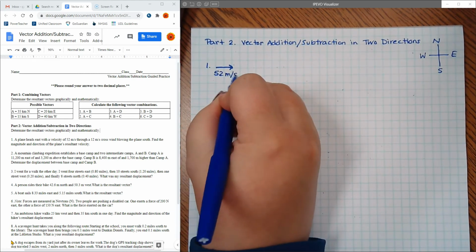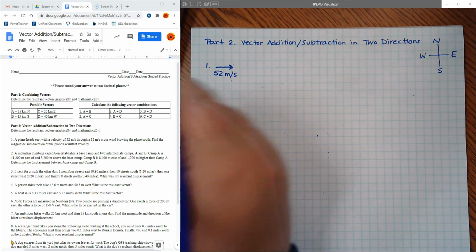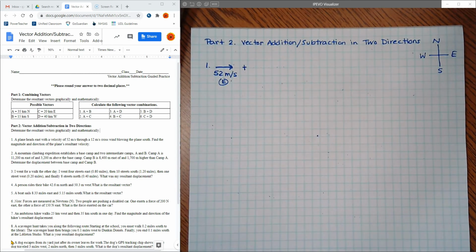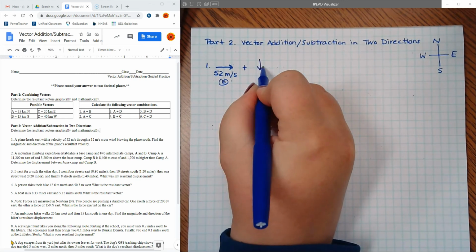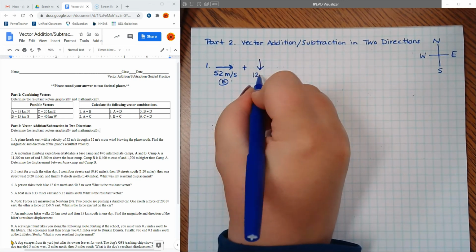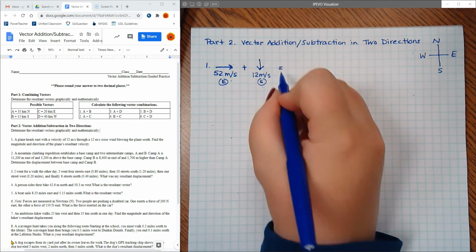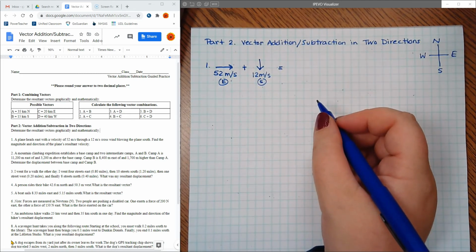The magnitude for this vector is 52 meters per second. I will label it east just so we can keep track of the direction. And then we're told that there's a crosswind blowing the plane south. So that vector will point down, and a 12 meter per second crosswind. Since these are perpendicular, I have to line them up nose to tail.